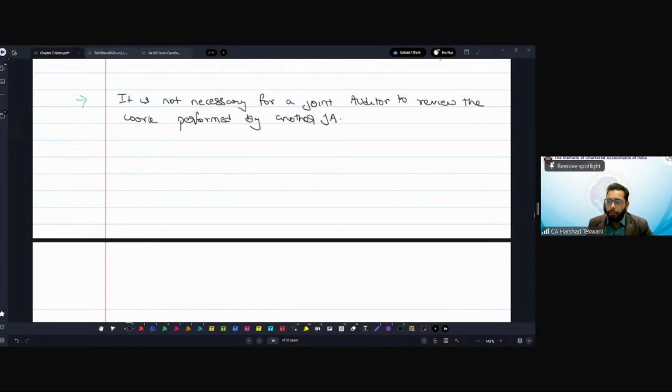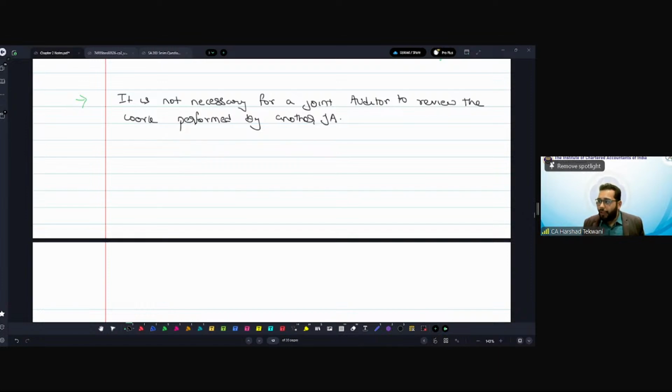Good. If no doubts, this was SA 299 with respect to joint audit, in case of audit of a financial statement.